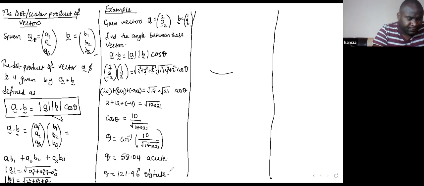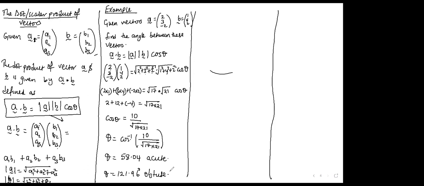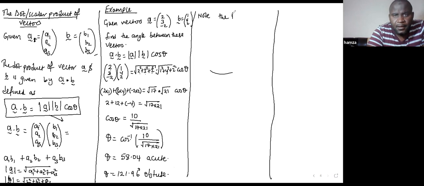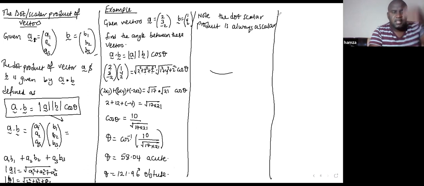All right? Then the other thing we should note is the dot scalar product is always a scalar. It means you don't get a vector.